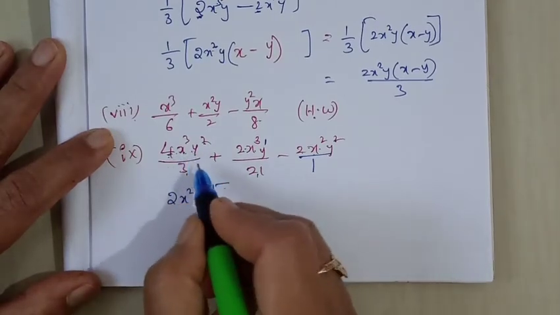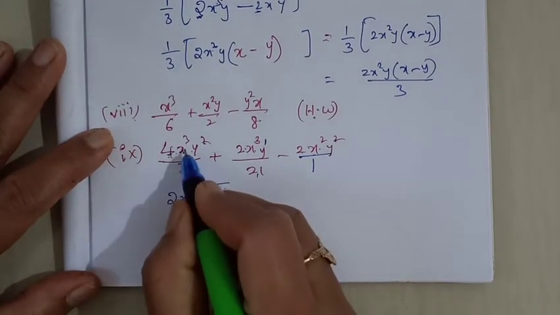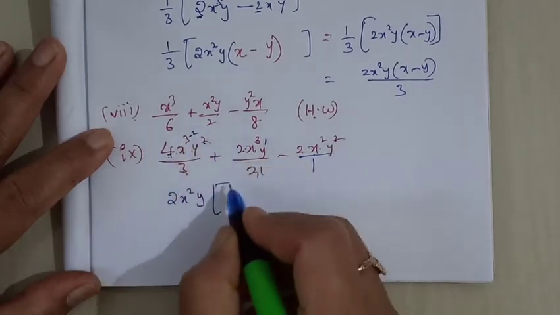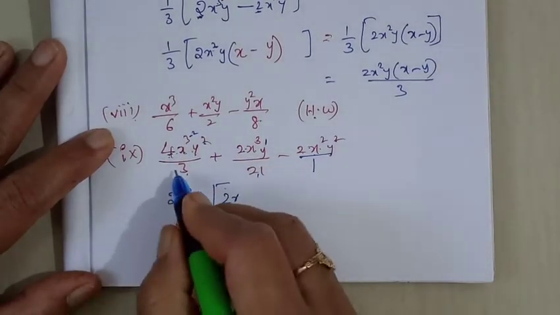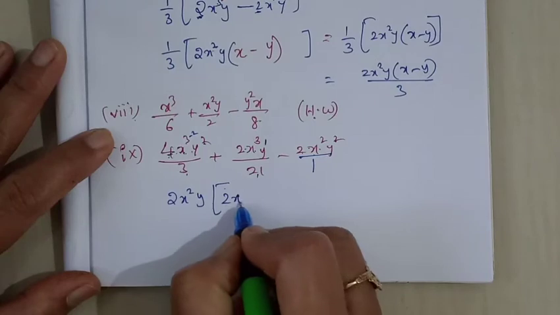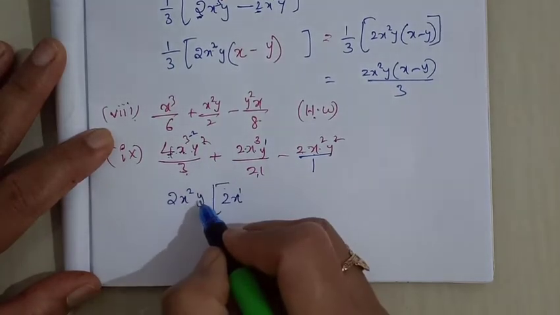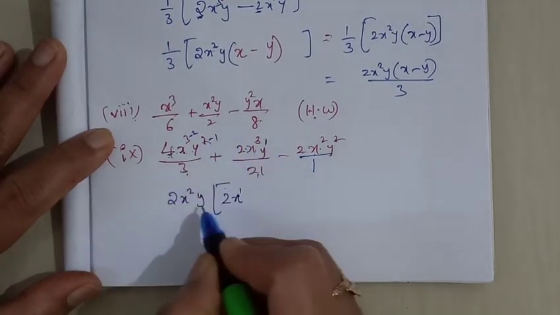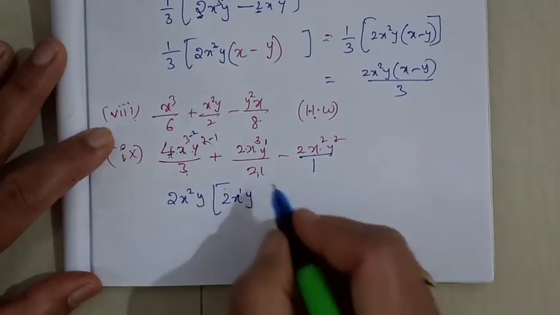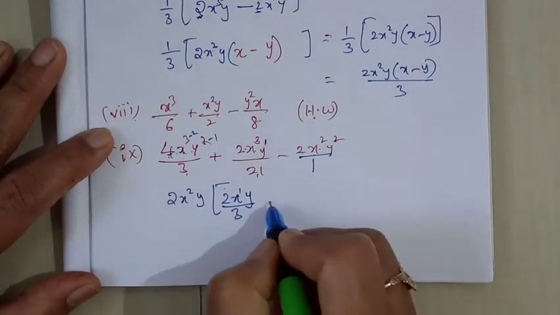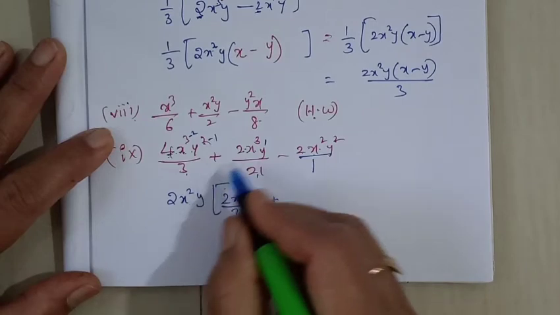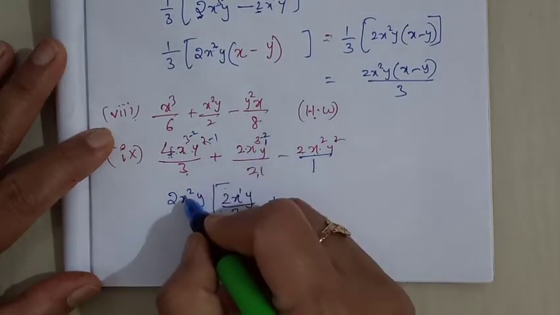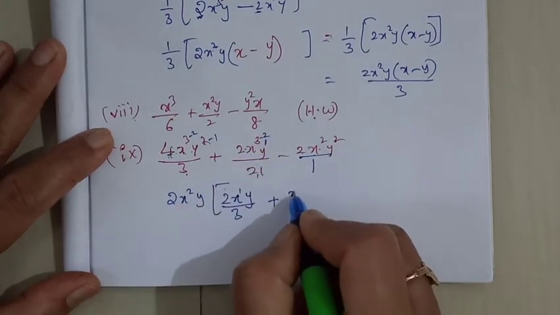Okay, what is left here? 2x square into x cube minus 2. So 2x, 1 2 will be left, 2x to the power 1, y square, so 2 minus 1 means only y will be left. Okay, by 3 plus here x, minus 2x square is taken out, so only x will be left.